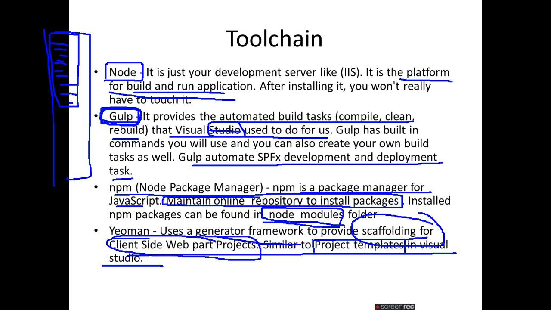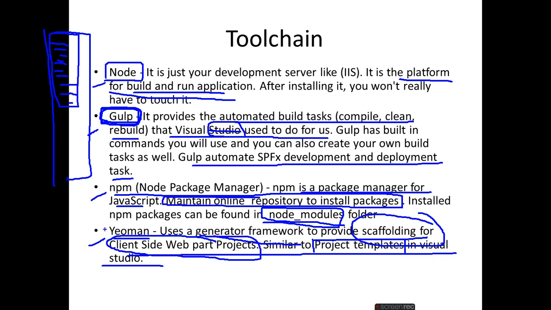Whenever you say client-side web part, what kind of template and structure needs to be there for our files and code, and what kind of related code needs to be in that file, is managed by Yeoman. So these are the different toolchain pieces we use while developing SPFx, and based on that we create our final solution, which is deployed into SharePoint. First, node, gulp, npm and Yeoman.